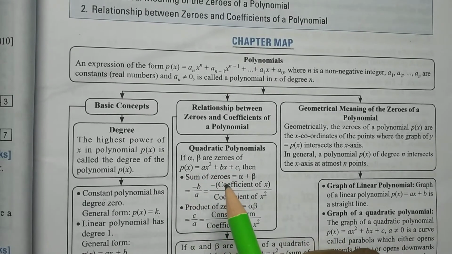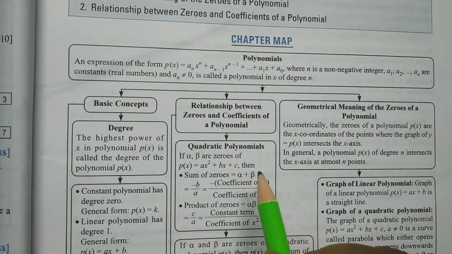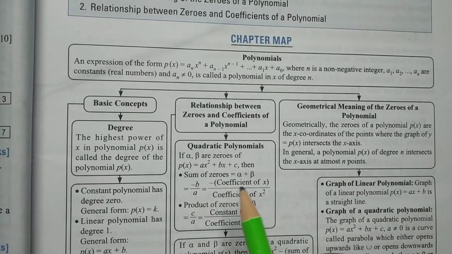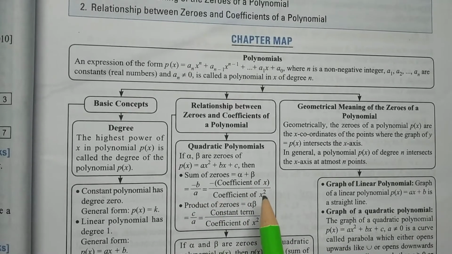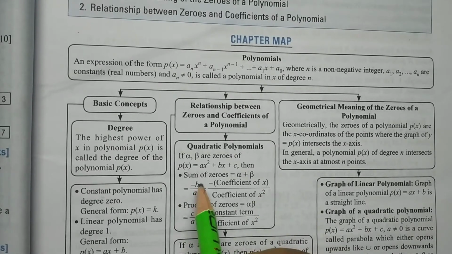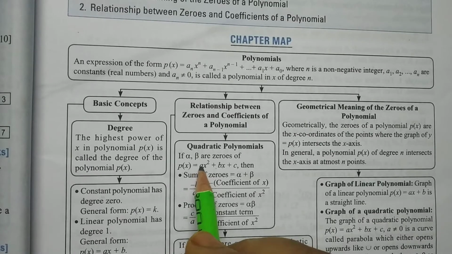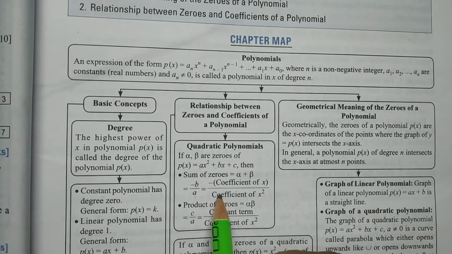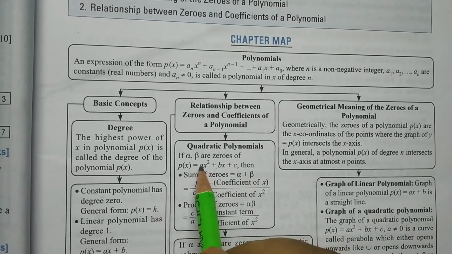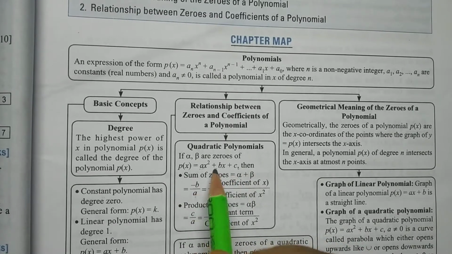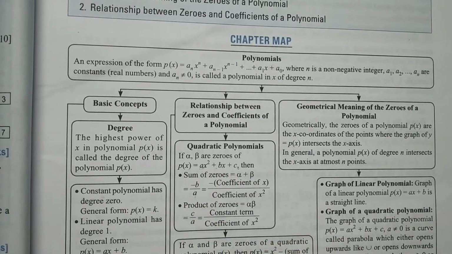Then the sum of zeros, alpha + beta, is equal to -b/a, which is minus the coefficient of x divided by the coefficient of x^2. Why? b is the coefficient of x and a is the coefficient of x^2. That means from the polynomial we can write the sum of zeros as -b/a.